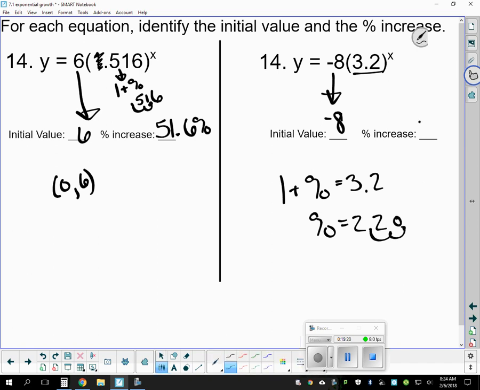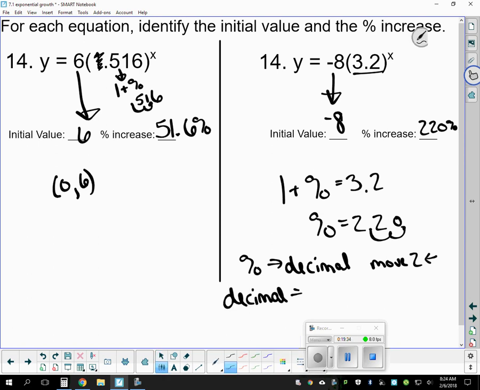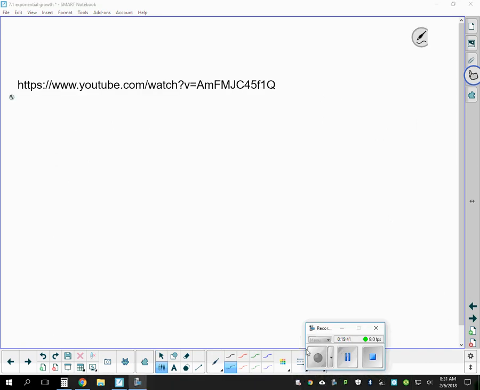So this is 220%. So to go from percent to decimal, you move 2 spots to the left. To go from decimal to percent, you move 2 spots to the right. So make sure you're doing those in the right direction.